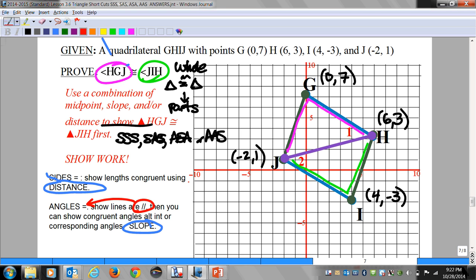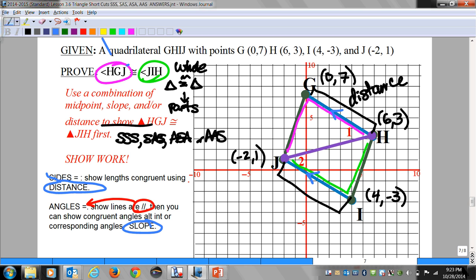Again, you could actually use any of the 4 approaches here. I'm going to use the one that uses both angles and sides so you can see how they both work here. If I can show that these blue sides are equal, I'm going to use a distance equation. And not only am I going to show the blues are equal in length, I'm also going to show that they are parallel.